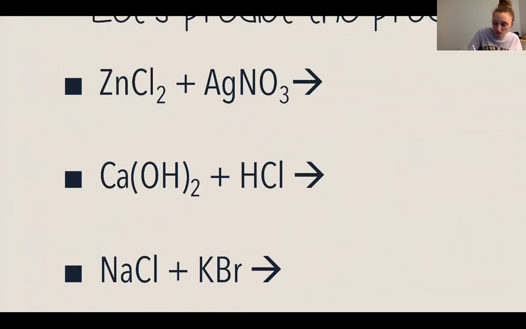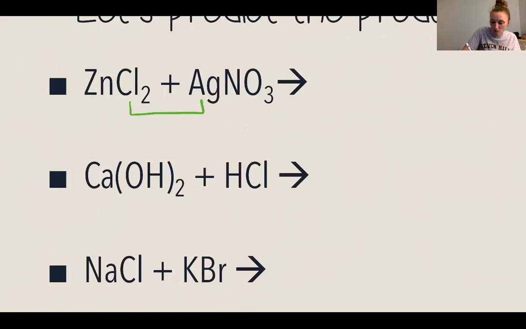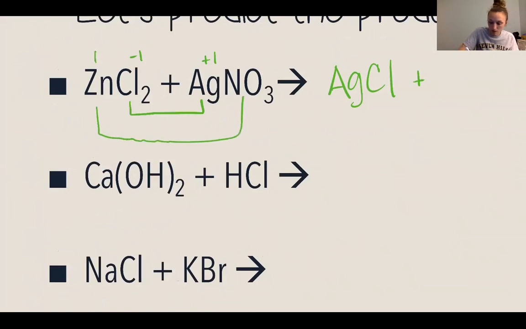I'm going to combine my inner. So I'm going to end up with Ag, which has a charge of +1, and chloride, which has a charge of -1. Zinc has a charge of +2, and remember, that's not changing from side to side.